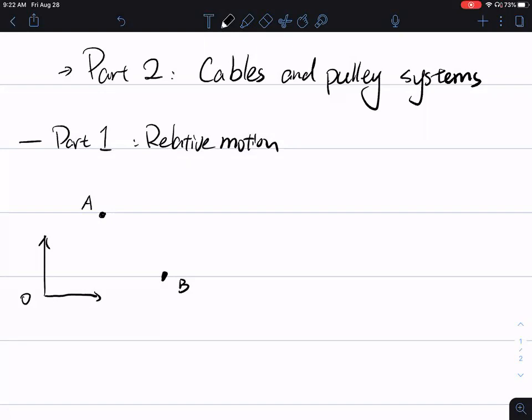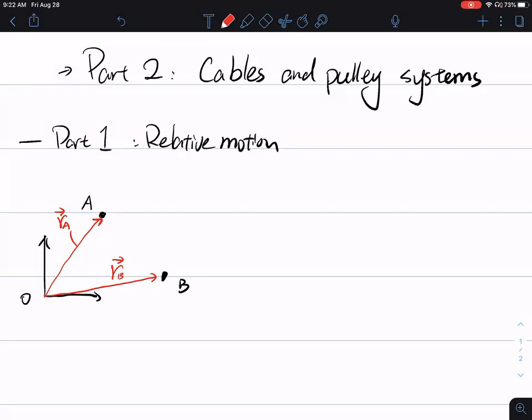We have position vectors to describe the position of a particle. Let's use a different color. Connect point O and point A, add an arrow, that will give you position vector RA. If you want to describe the position of particle B, connect the origin to particle B, that's your RB. Once again, we're talking about position vectors.